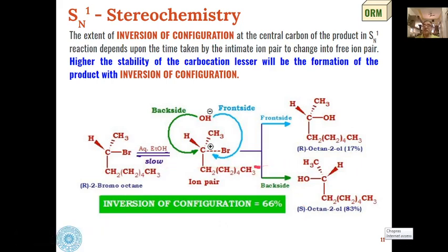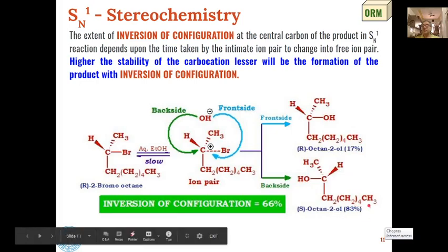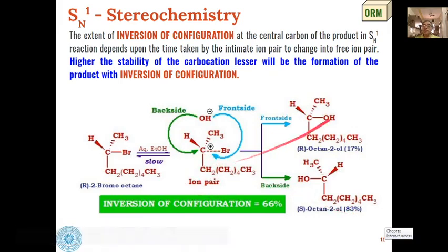So when this experiment was done, it was found that 17% of this product with retention of configuration was formed. 83% of the product was formed with inversion of configuration. So that means the change from intimate ion pair to free ion pair has taken much time. Because of that, the backside attack is much more in comparison to front side attack.